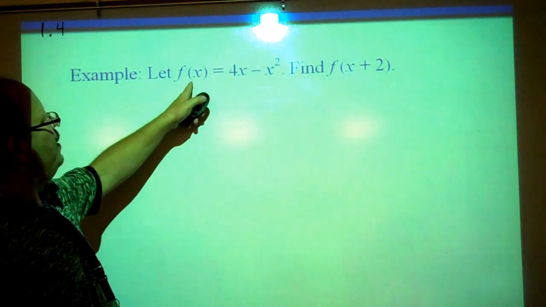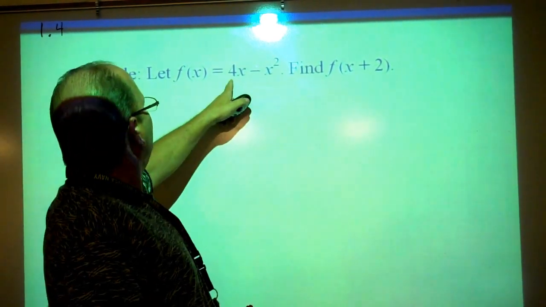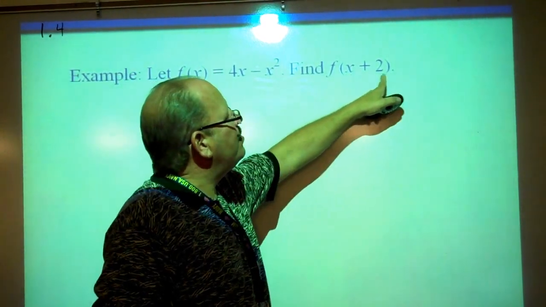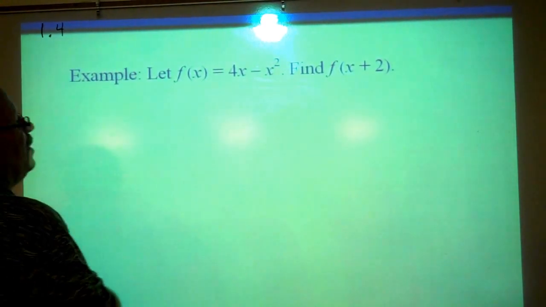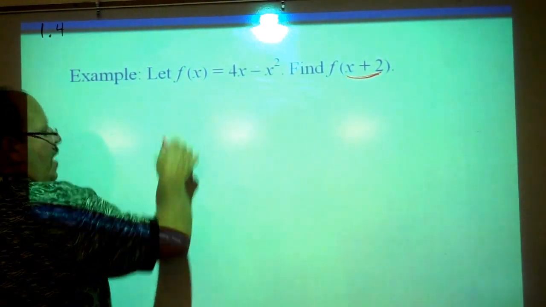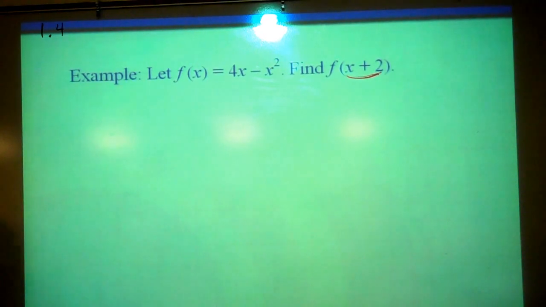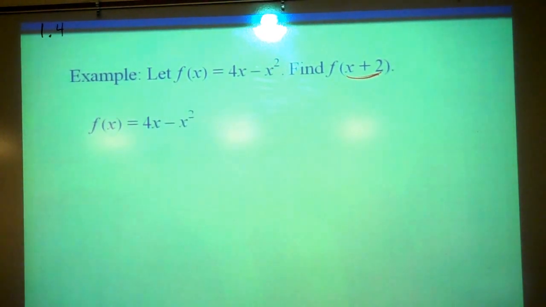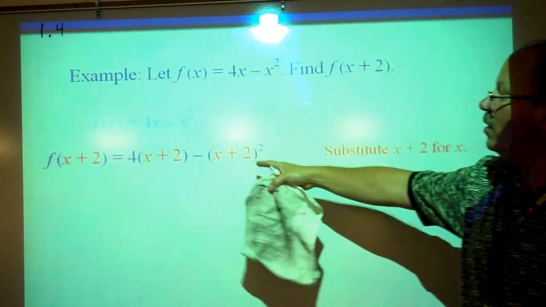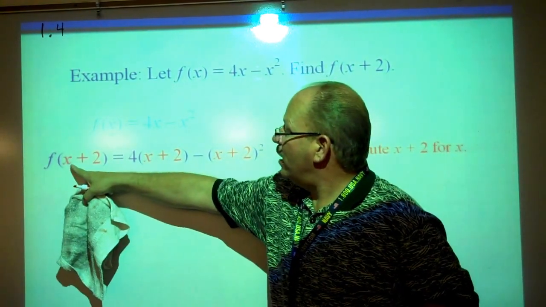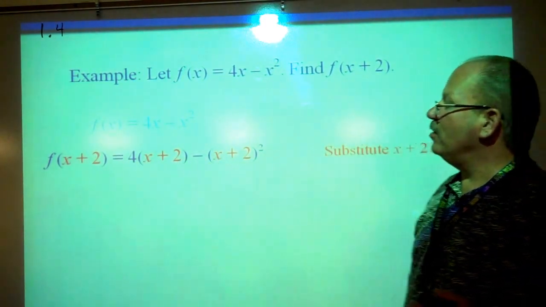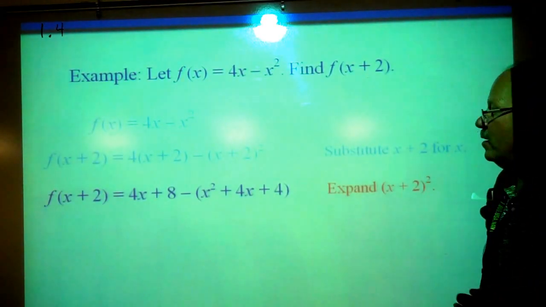Now we're going to evaluate f of x equals 4x minus x squared at x plus 2. That simply means we're going to put x plus 2 in instead of x. So we copy down our function, we insert x plus 2 where x was, and then we evaluate and simplify.